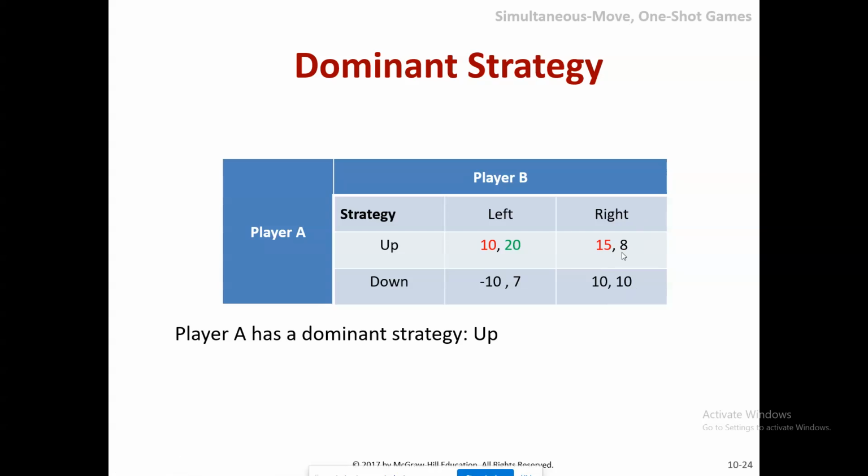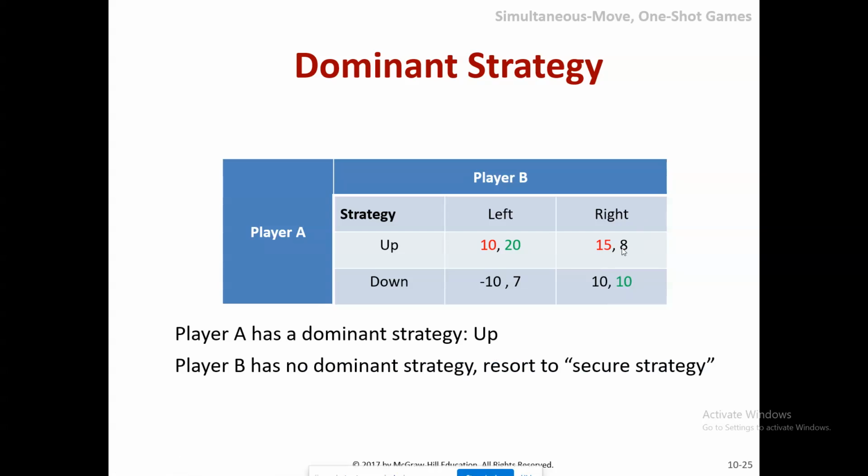If A chooses down, B will choose right because 10 is larger than 7, right 10, left 7, whenever A chooses down. So B does not have a dominant strategy that guarantees him a higher payoff regardless of A's option. B's strategy changes with respect to A's action.